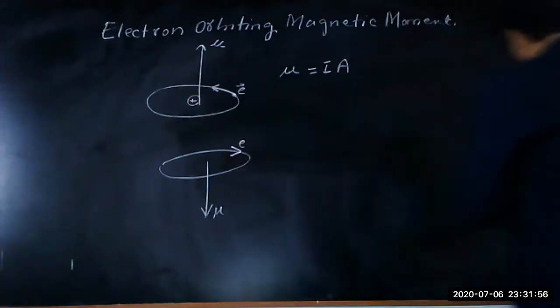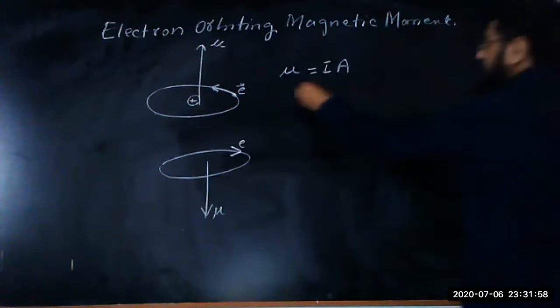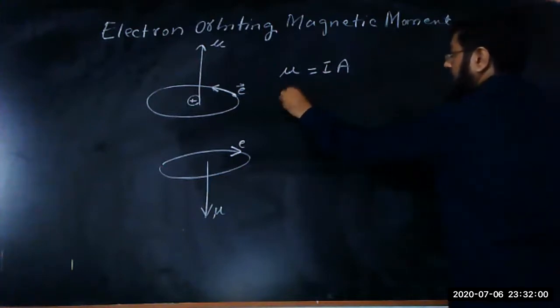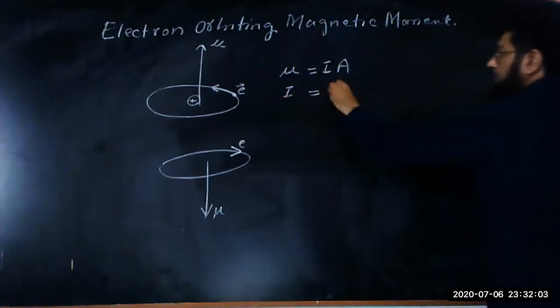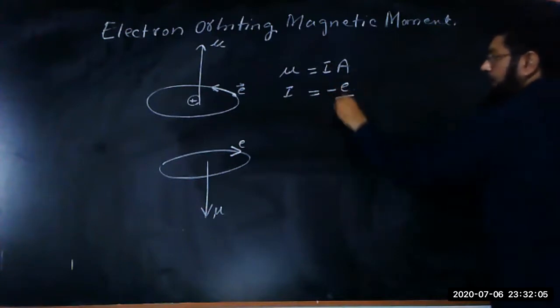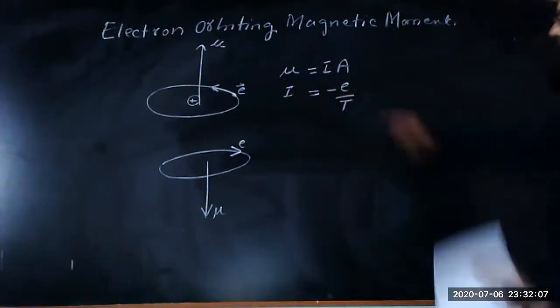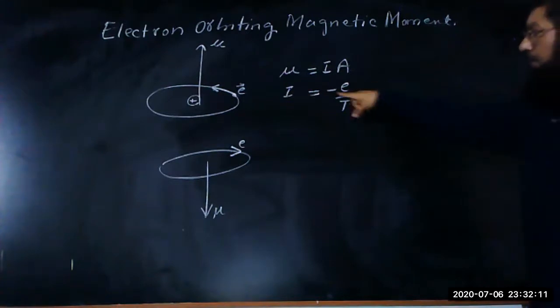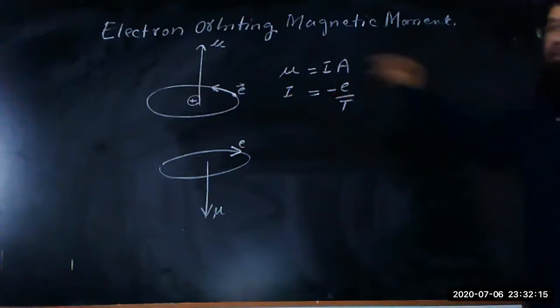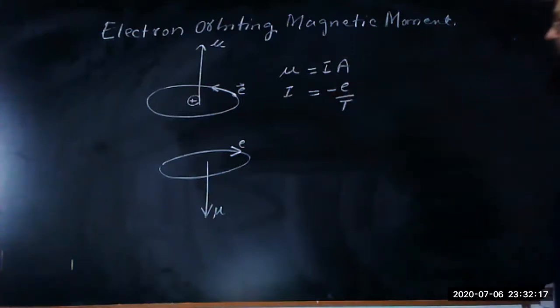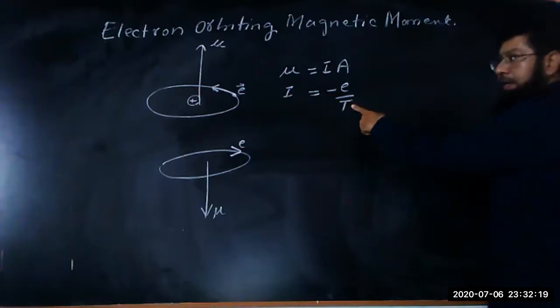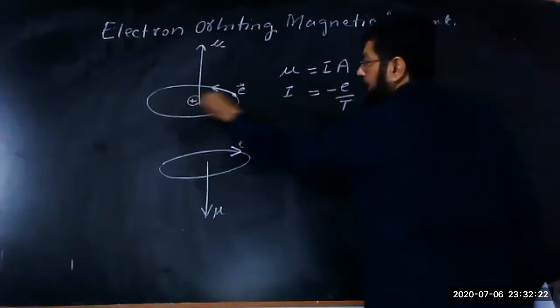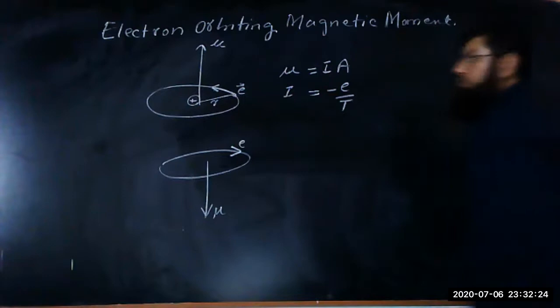So the current can be written as the charge per unit time, it means the rotation of charge per unit time. The negative sign indicates that the charge is an electron. And T is the time period, which is the time required for one complete rotation.